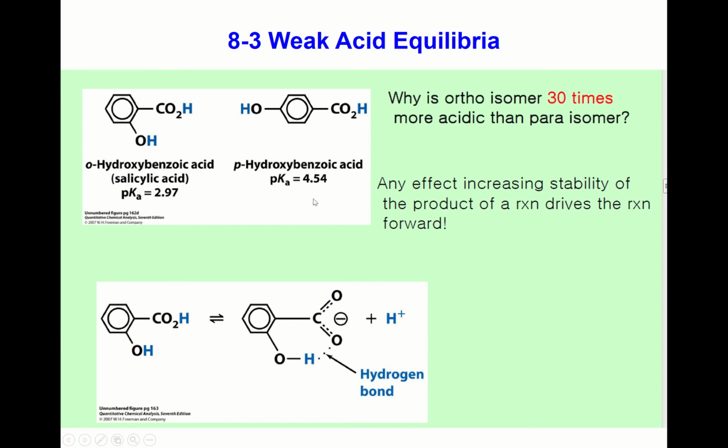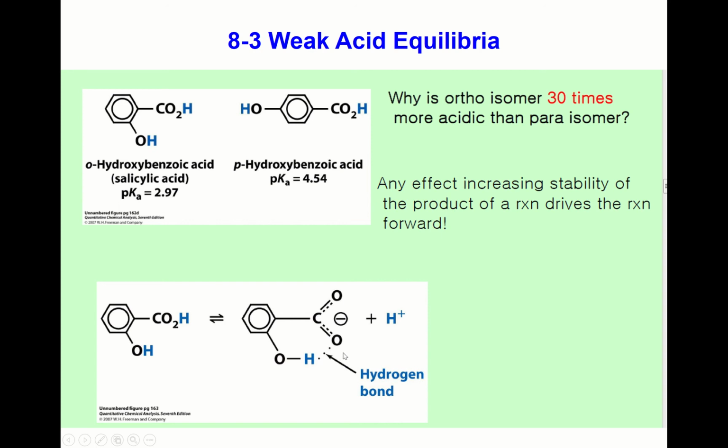So the dissociation constant is different. Why? What makes this difference? Although the chemical formula is exactly the same, the only difference is that the hydroxy group is attached at a different position. The explanation is given here. In the ortho form, when the carboxyl proton is deprotonated, the negative charge is stabilized by hydrogen bonding.